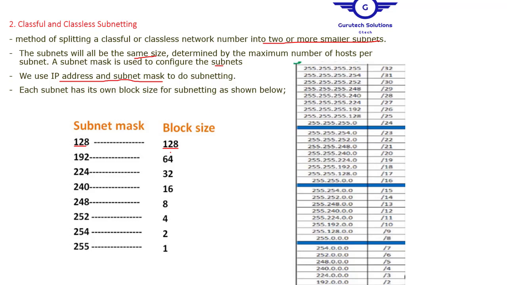That's called block size. When any subnet mask ends with 192, then the block size is this one. When any subnet mask ends with 224, the block size is that one, and so on. The concept of block size is very important, and you're going to understand it better when you start calculating subnets.